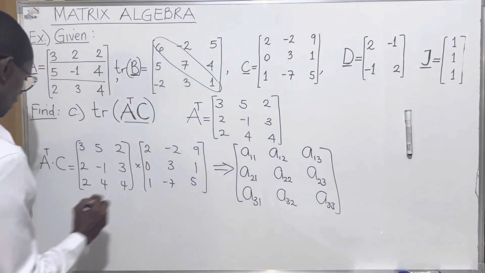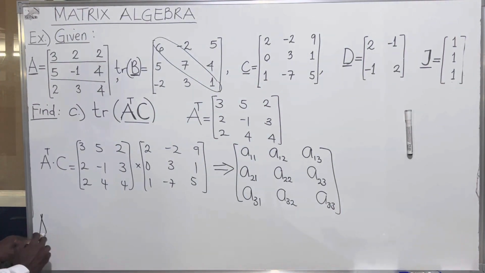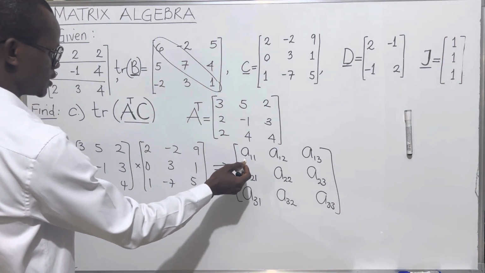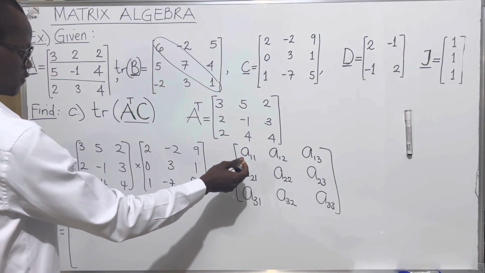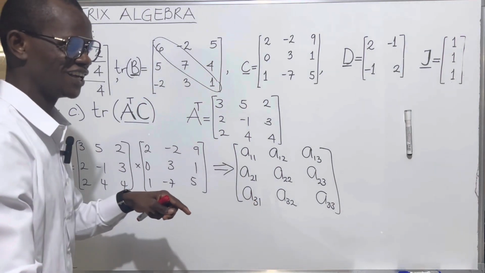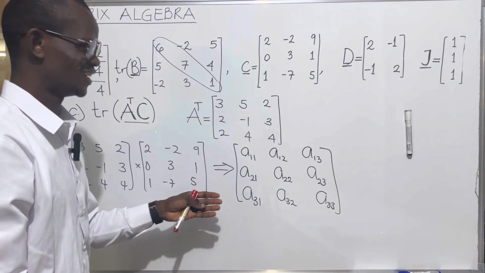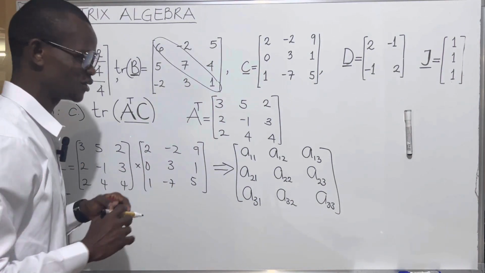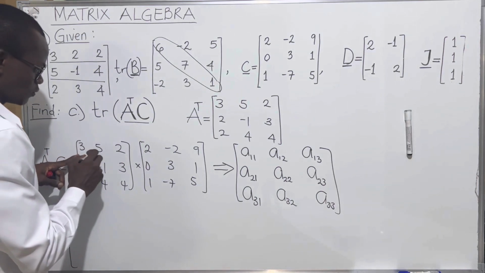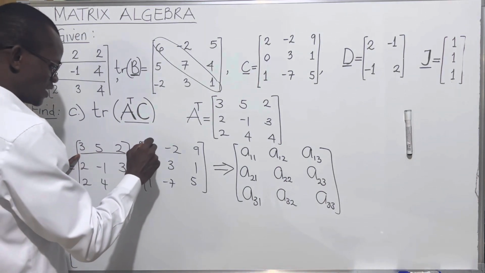So in that first position, we need the sum of the products of this row and this column.